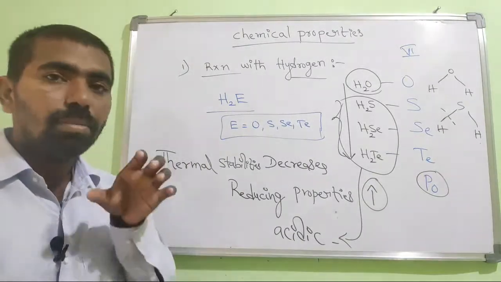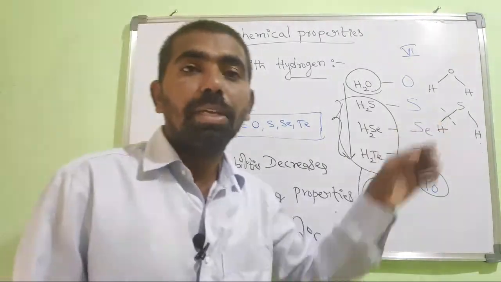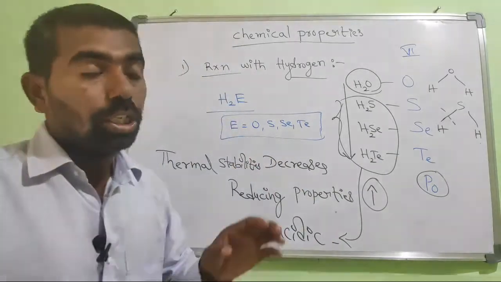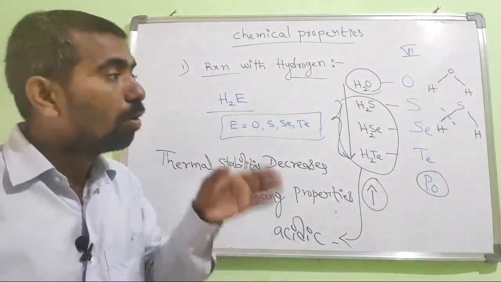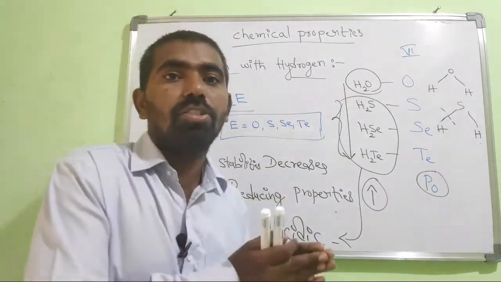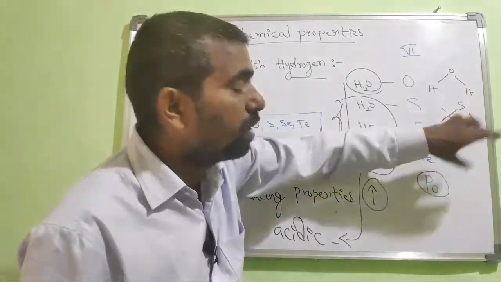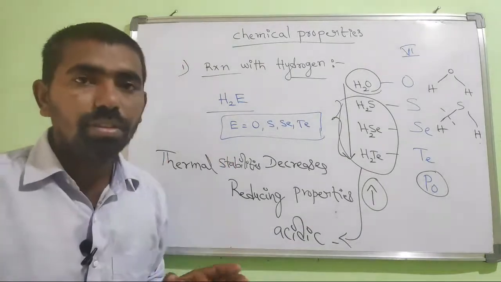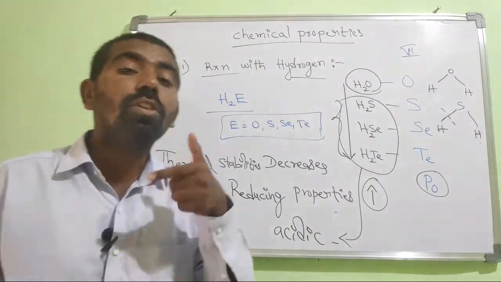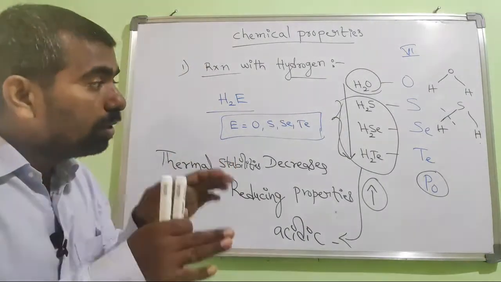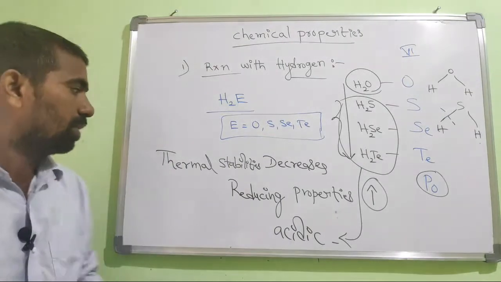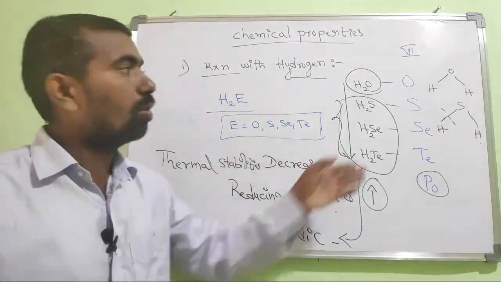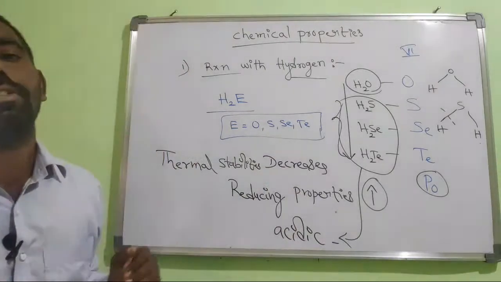Due to this, the atomic orbital sizes also increase, so the bond length increases from top to bottom in these molecules. So bond dissociation enthalpies decrease, and due to that the thermal stabilities of these compounds decrease from top to bottom.